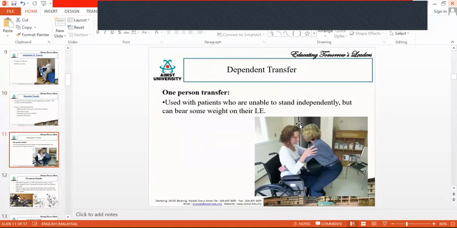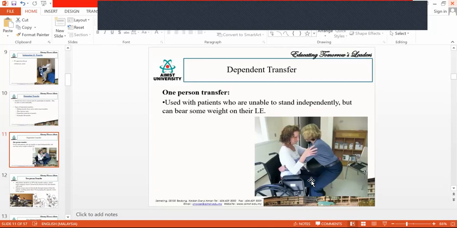The patient should be able to weight bear in their lower limb. The patient may not be able to get up by themselves and walk, but has the ability to weight bear in the lower limb. For those kinds of people, you can transfer the person by yourself, with one person itself.